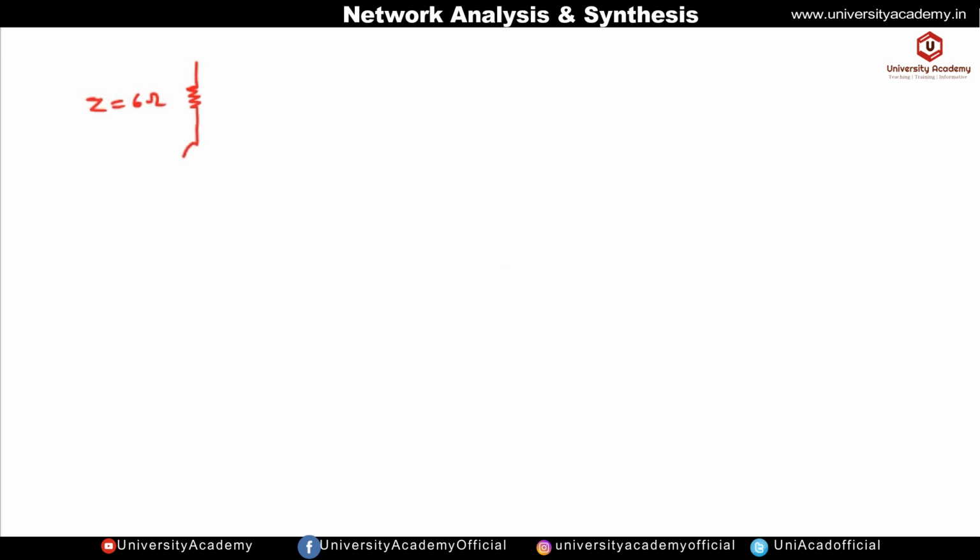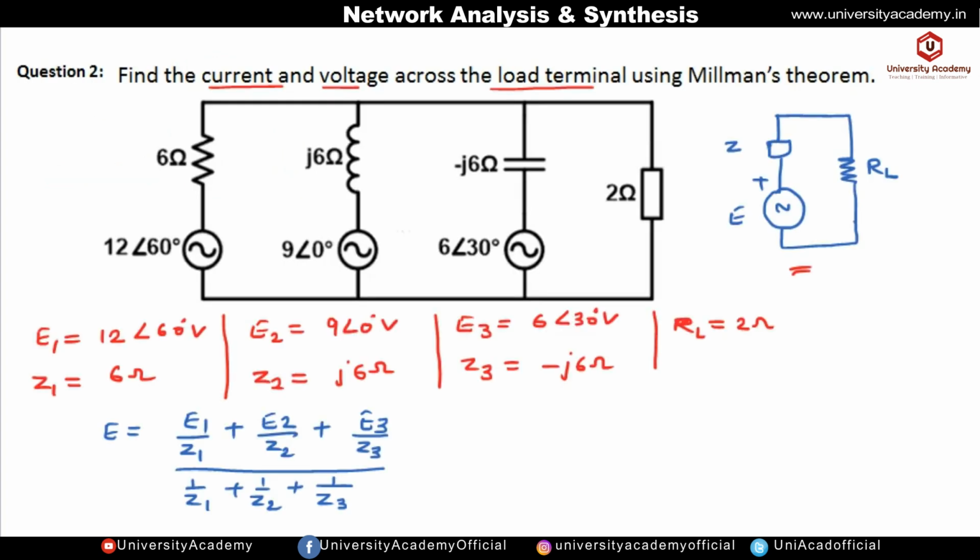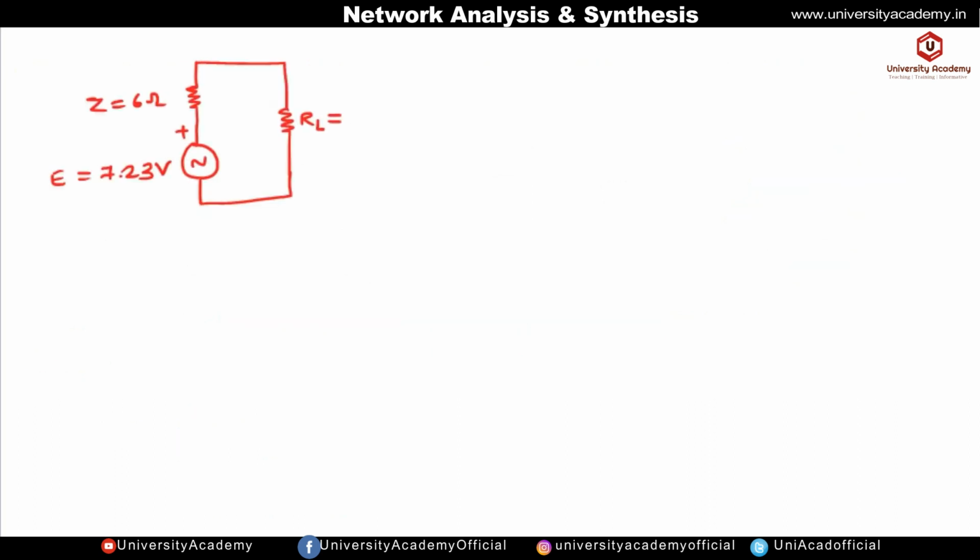And the voltage source magnitude is E equal to 7.23 volt, and it will be connected in series with the load, that is RL, whose value is 2 ohm.